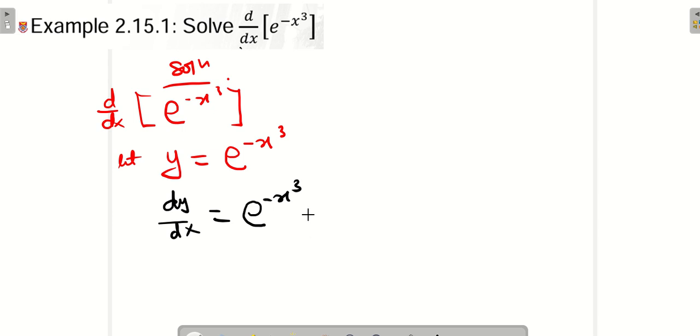Then you multiply it by the derivative of the exponent. When I differentiate the exponent, I will get negative 3x squared.